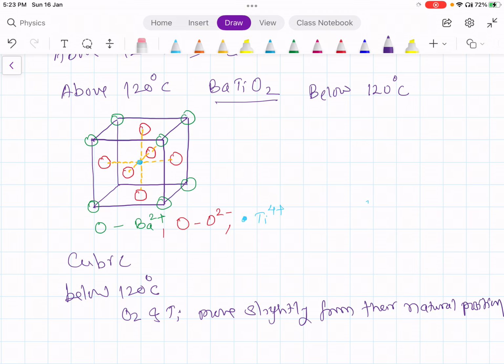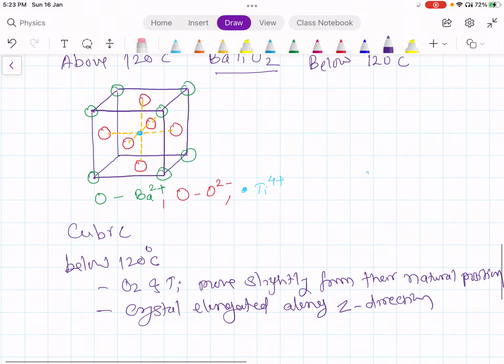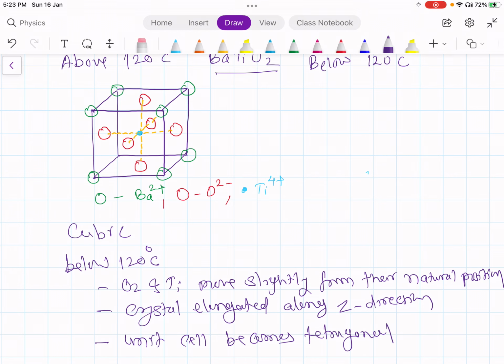Okay, they move slightly from their natural position. And the crystal elongates along z direction. That means unit cell becomes tetragonal. It transforms from cubic to tetragonal.